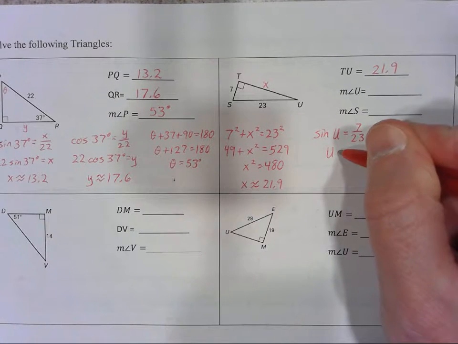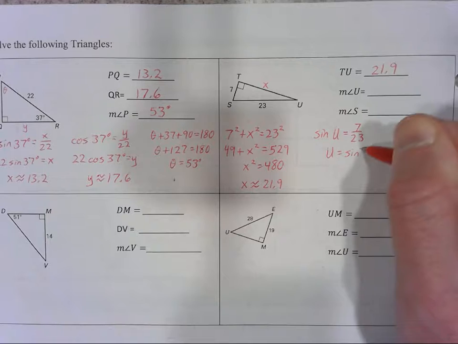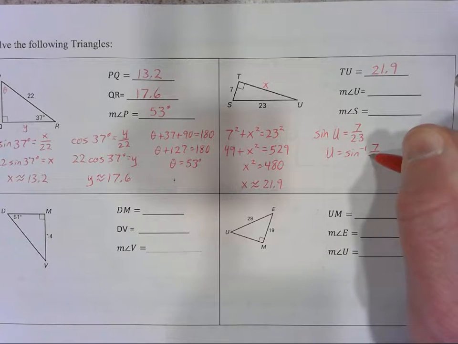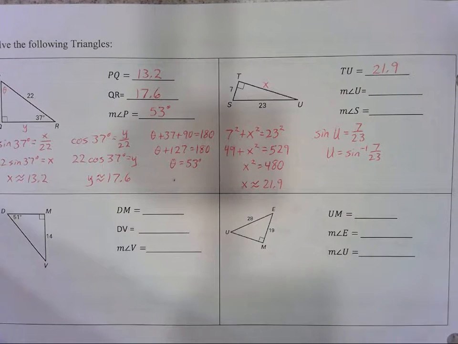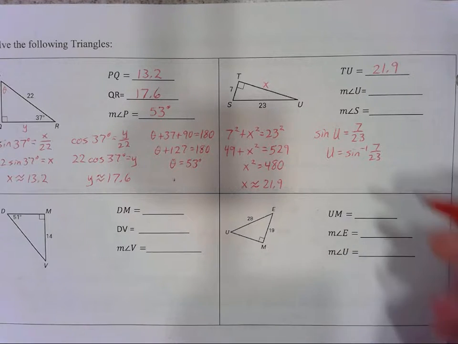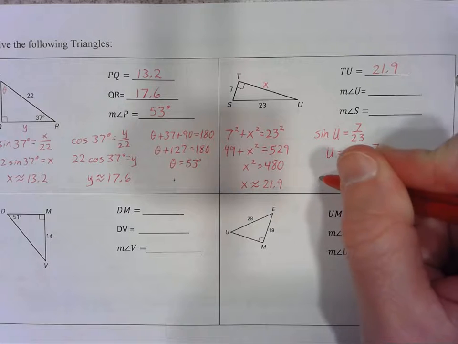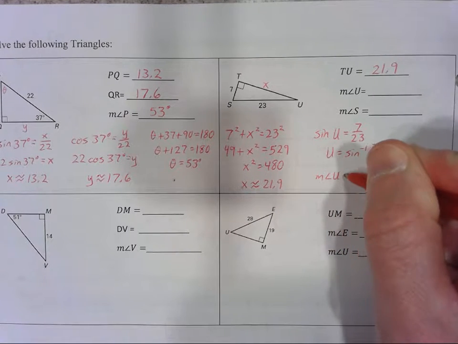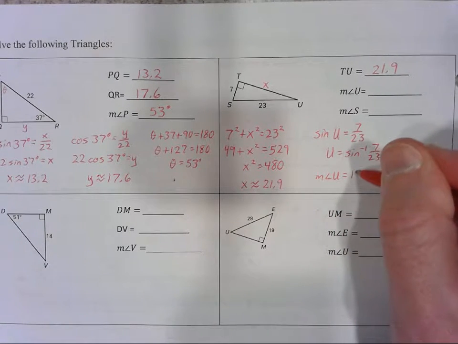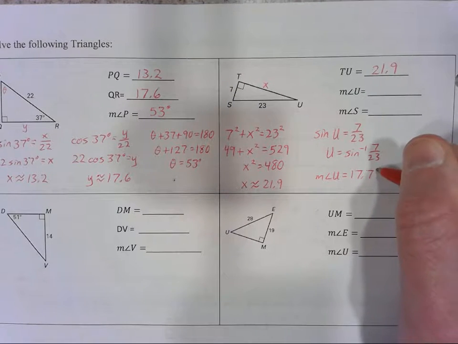Therefore U will be the inverse sine of 7 over 23. Second sine, 7 divided by 23. That means the measure of angle U is 17.7 degrees.